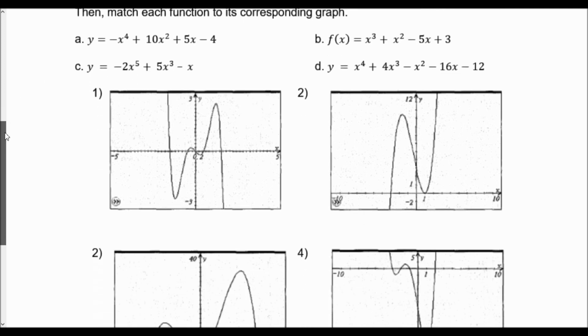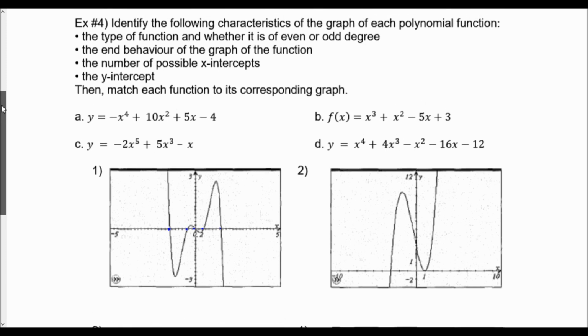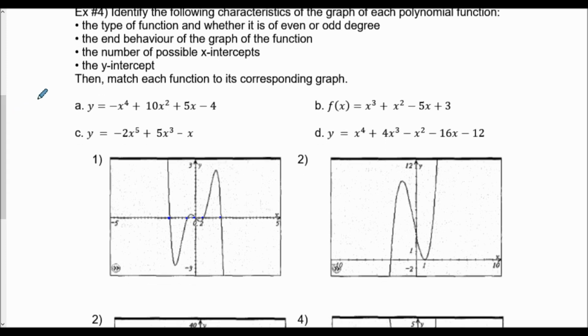So the type of function, this one, again, it's dealing with a few more things. It has 1, 2, 3, 4, 5. This one is not in our specific Foundations 30 curriculum because of how many x-intercepts it has.